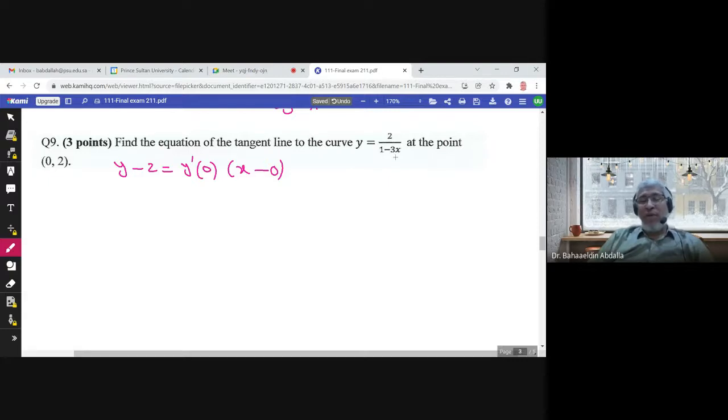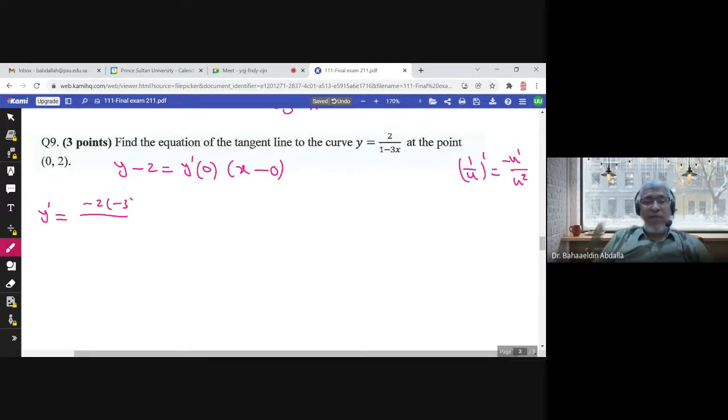What is y prime? To find y prime, I'll use the formula: derivative of 1 over u is negative u prime over u squared. Derivative of 1 over x is negative 1 over x squared, but chain rule, u prime. 2 is just a constant number. You keep it, you don't do anything with it. So it would be negative 2 times u prime. What is the derivative of 1 minus 3x?